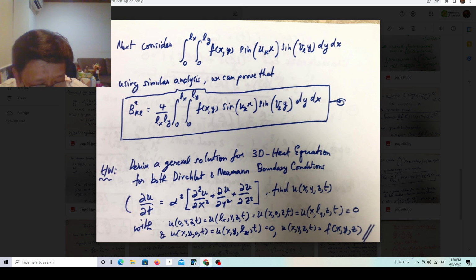I try to correct, and there have been so many mistakes here. And this is also the possible boundary value condition.